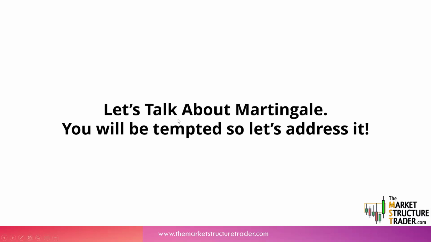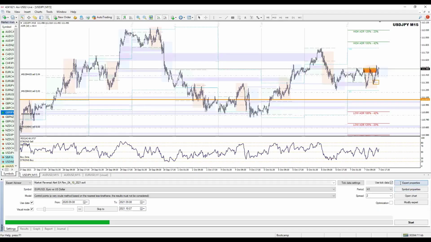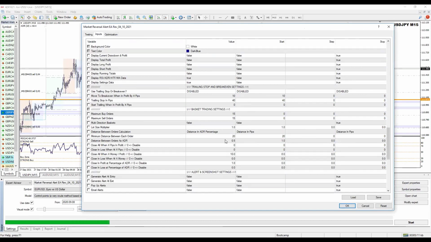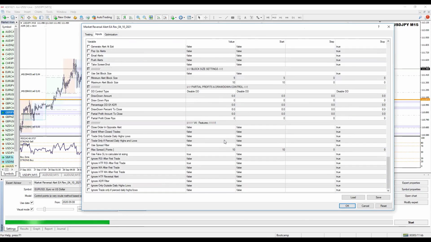Johnny, can this be done via the EA or do we need to manually intercept? Right, so normal drawdown control can be done with the EA, yes. We've got drawdown control in the EA here.